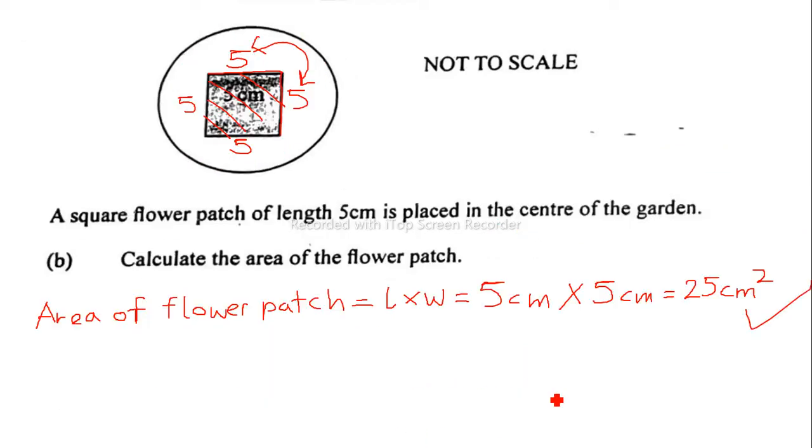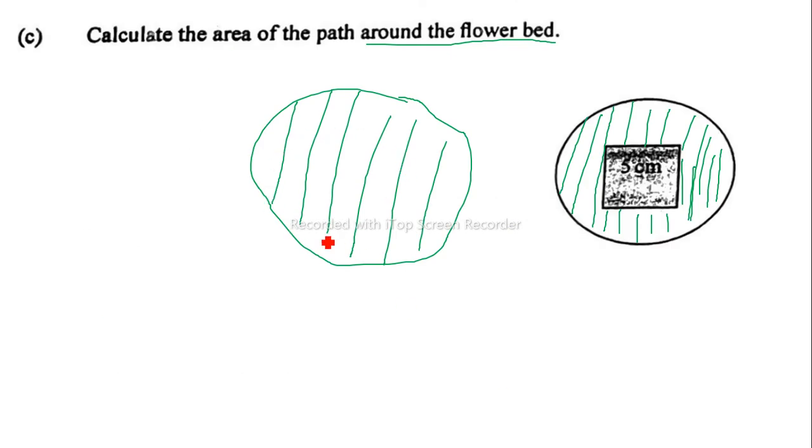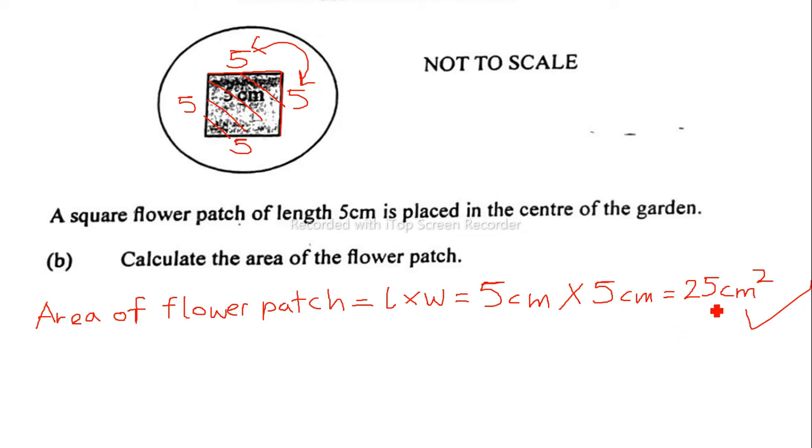And so we know that the area of this entire thing is 200.96. Now we also know the area of this flower patch. We know the area of the flower patch is how much? 25 centimeters squared. Good.